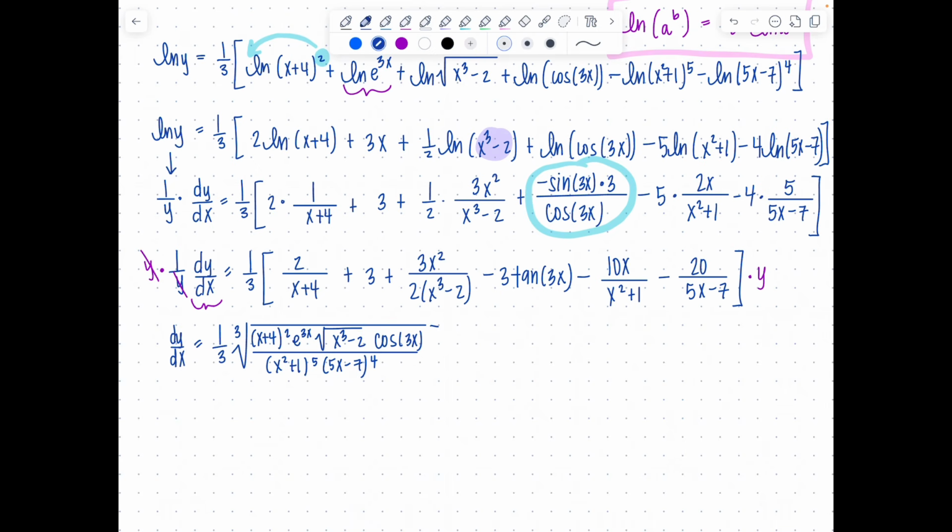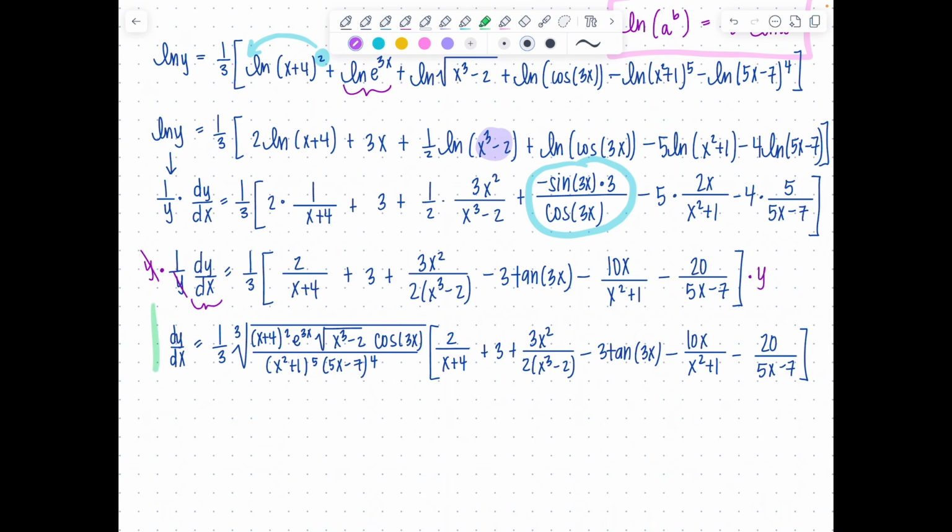So then we have times 2 over x plus 4 plus 3 plus 3x squared over 2 times x cubed minus 2, minus 3 tangent of 3x, minus 10x over x squared plus 1, minus 20 over 5x minus 7. Et voila, I would box it with immense pride.